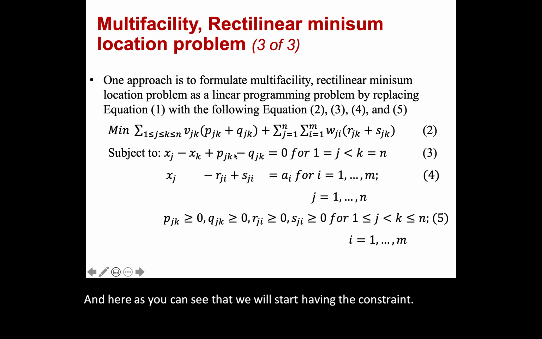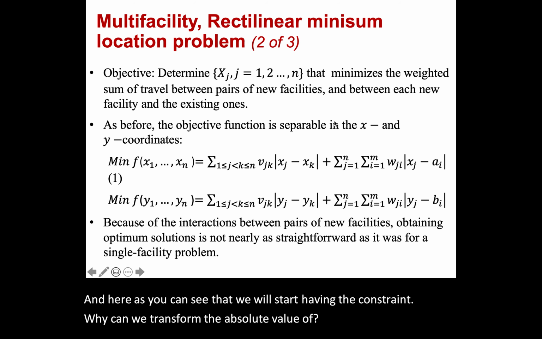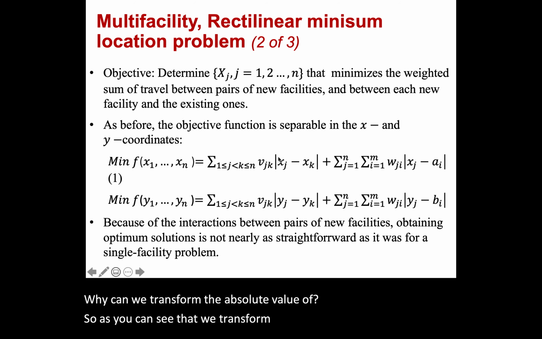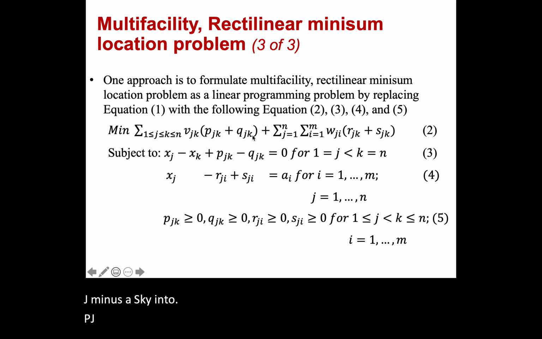So why can we transform the absolute value of xj minus xk into pjk plus qjk with constraint number 3?